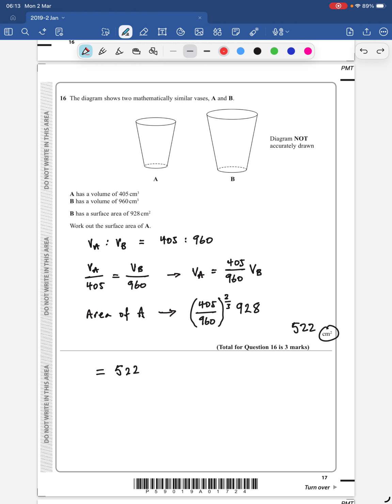For instance, you know that the surface area of A is going to be smaller than the surface area of B, so it makes sense that we've got the smaller number on the top and the bigger number on the bottom. We also know that the area scale factor is going to be between the linear scale factor and the volume scale factor, and that makes sense with this value, because we're raising it to a power of less than 1, which is going to make it smaller.